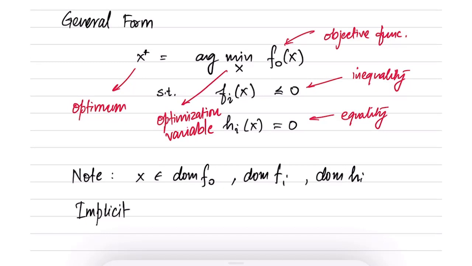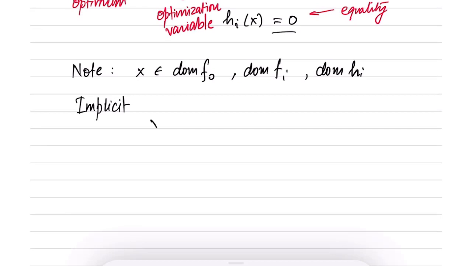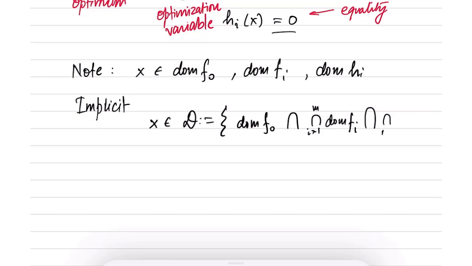These are the explicit constraints, but there are also implicit constraints which say that x should belong to the domain set, which is defined as the domain of f naught intersection with, from i equal to 1 to m, domain of fi, and then the intersection with i equal to 1 to p, domain of hi.